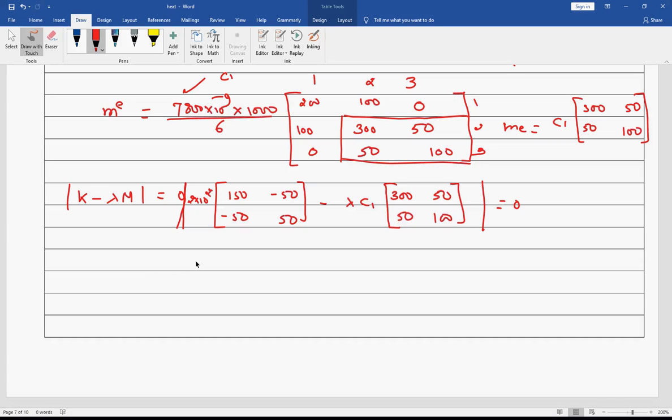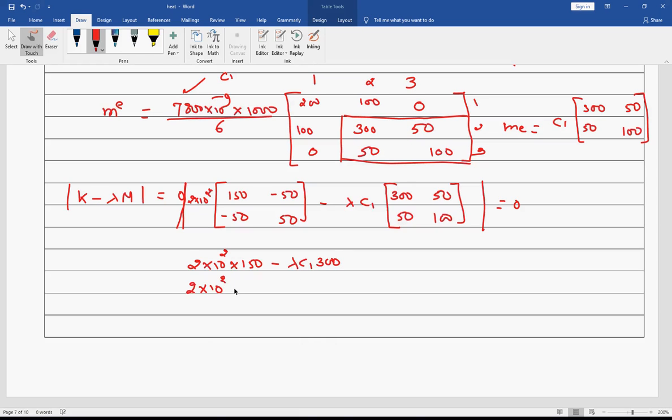So when I go for the subtraction, so basically 2 into 10 to the power 2 into 150 minus lambda C1 into 300. So this is my first term.